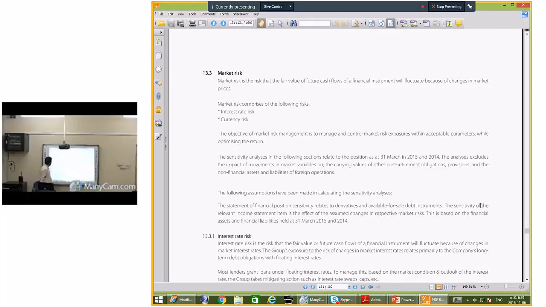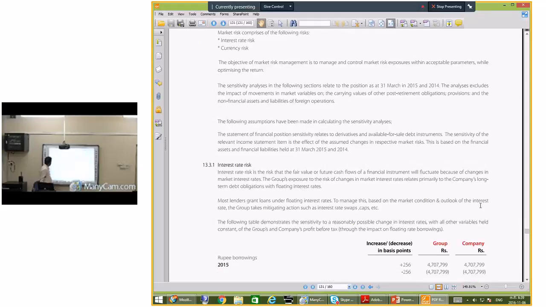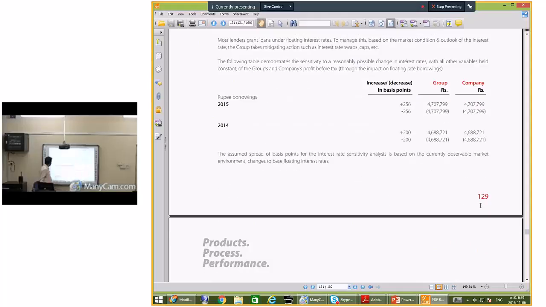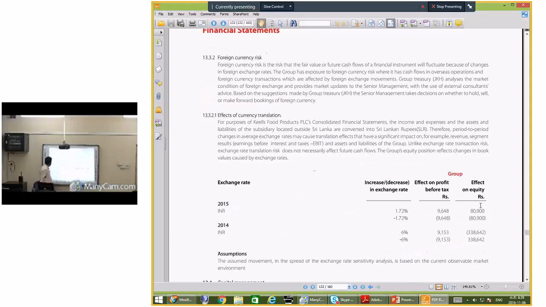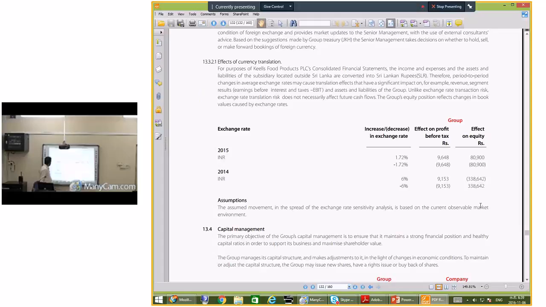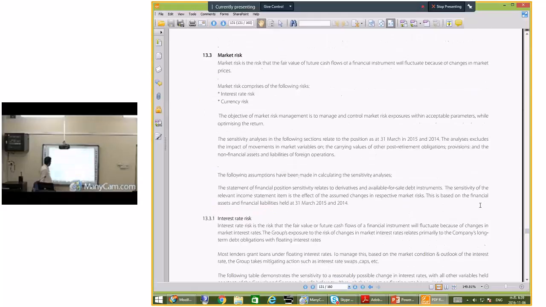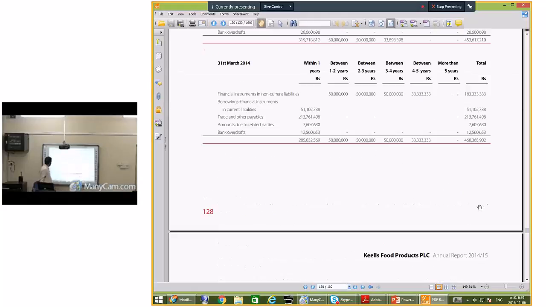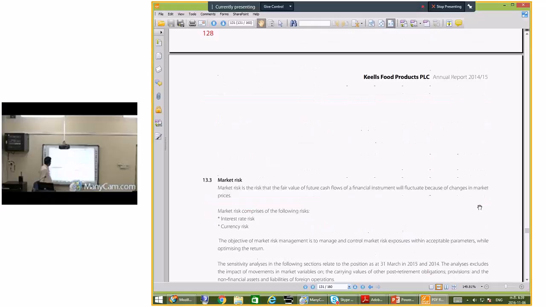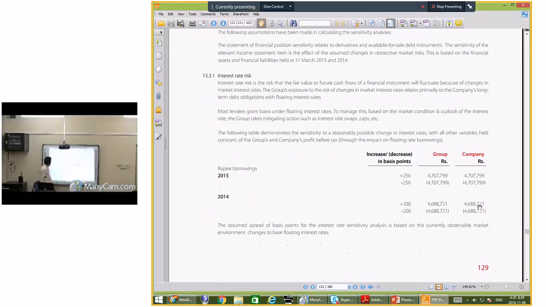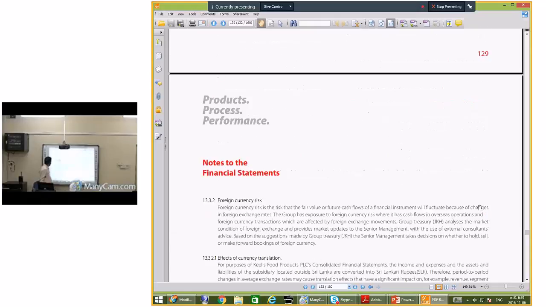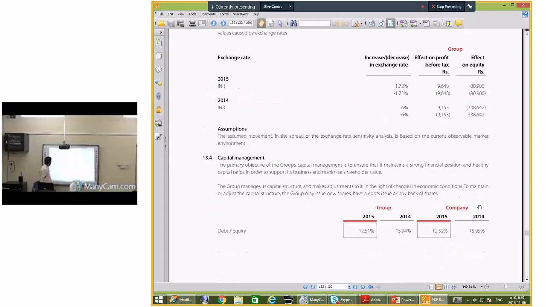Market risk analysis is also here: interest rate risk, foreign currency risk, effect of currency translation. Now, in addition to the theoretical background, you can search for the practical situations under market risk, interest rate risk and foreign currency risk.